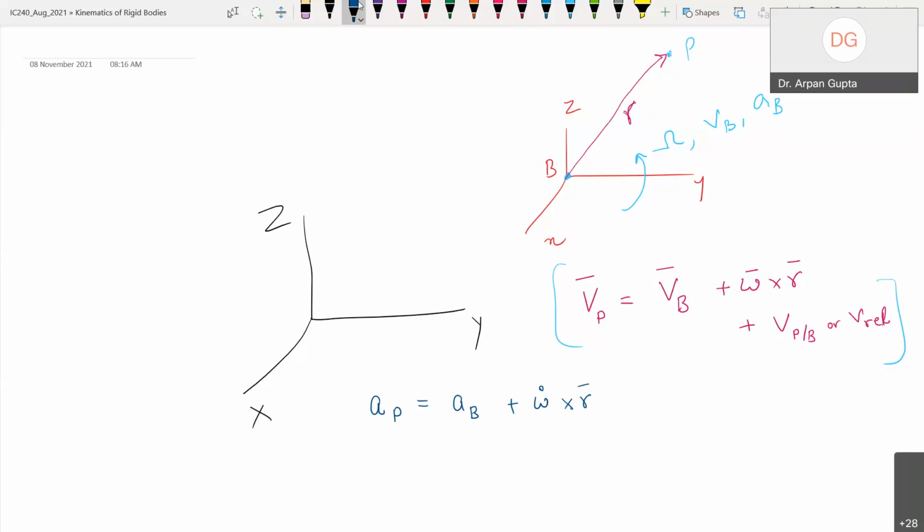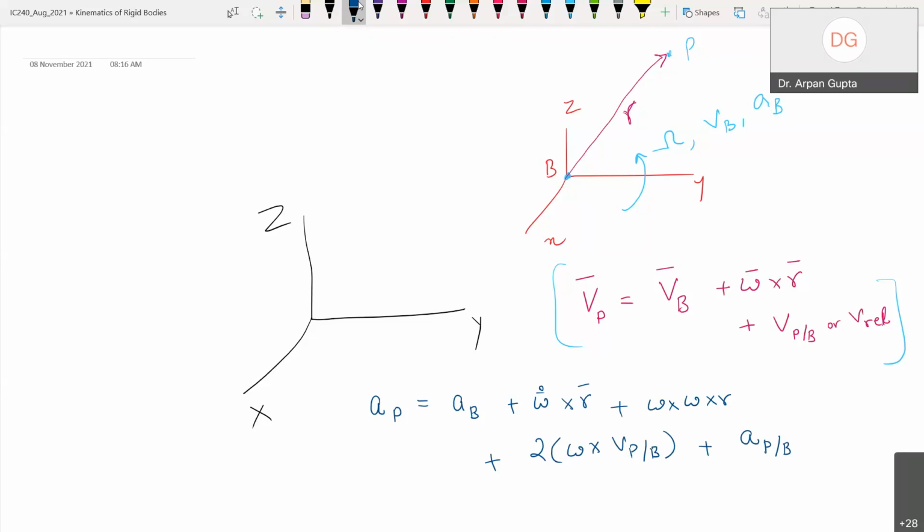Plus omega cross (omega cross r), plus 2 times omega cross the velocity of P with respect to the frame small xyz or B, plus the acceleration of P with respect to B. So this is like your r double dot term, right?